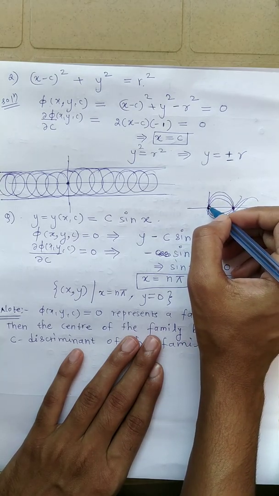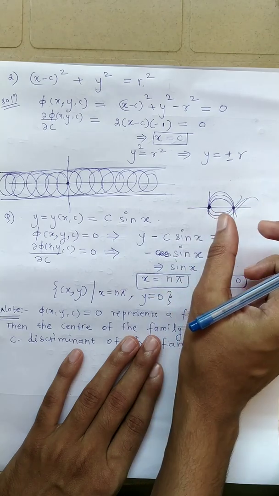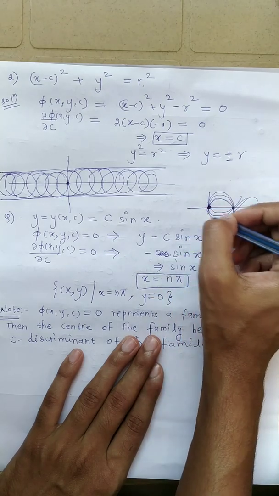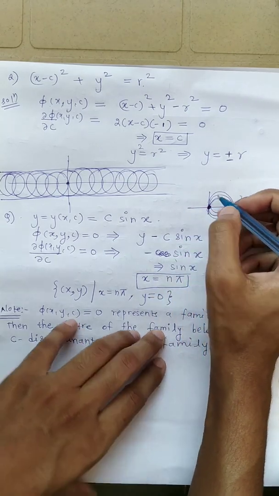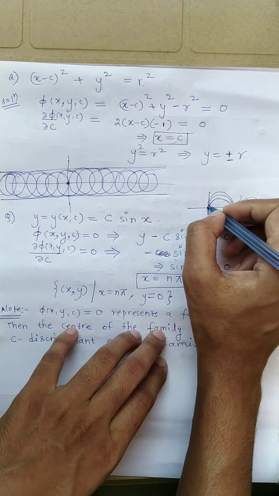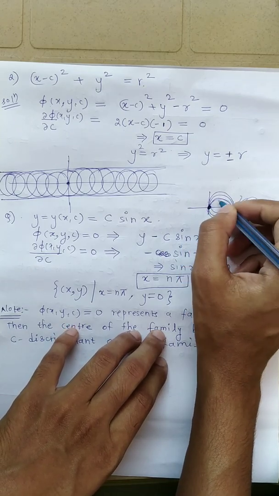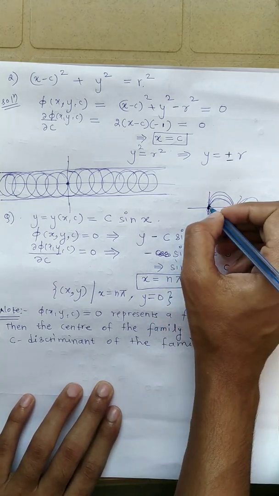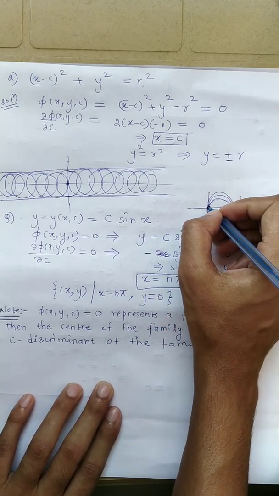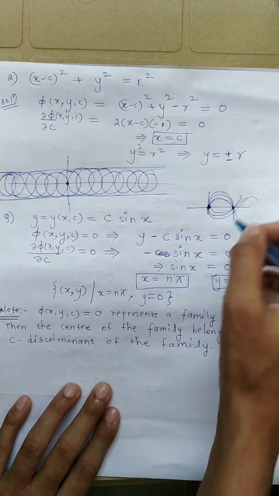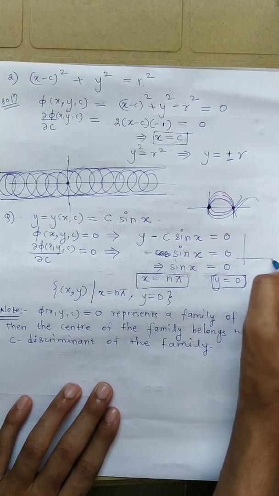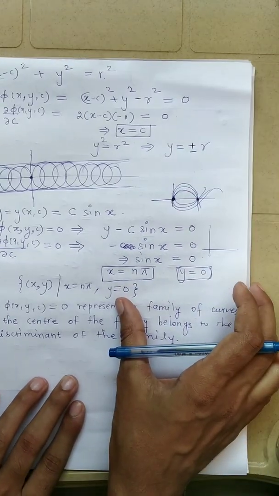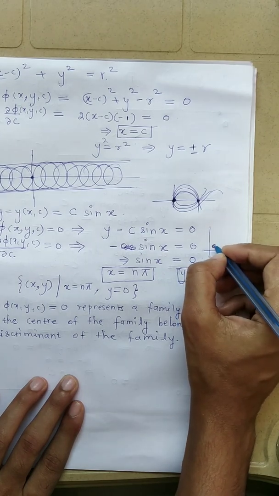And for that portion, this becomes the center of that family. Here by the center of the family I mean a point of this form. Or maybe if we have a pencil of extremals, then the center of the family will look like this.